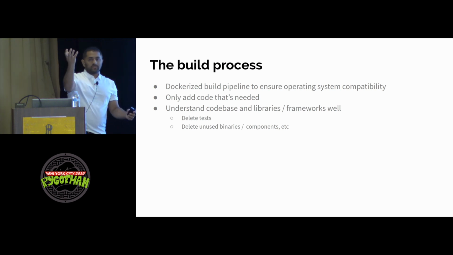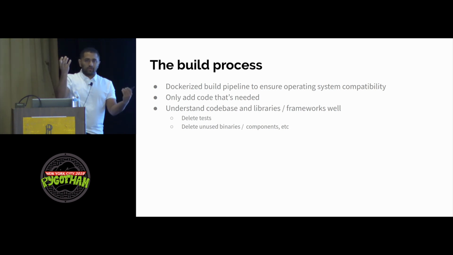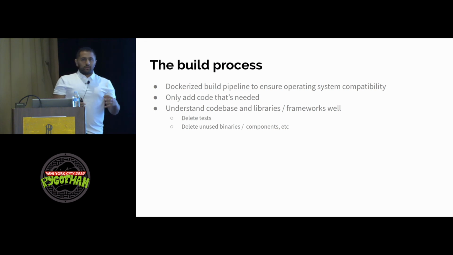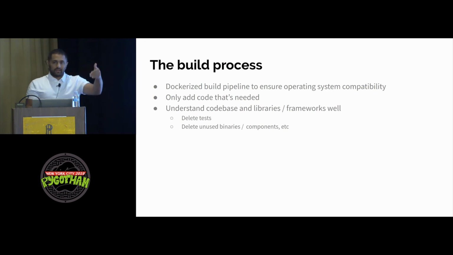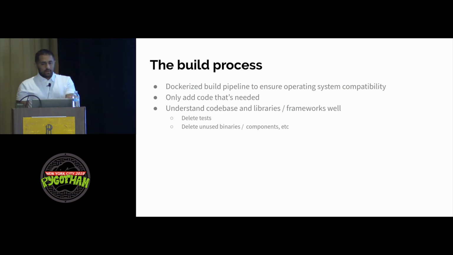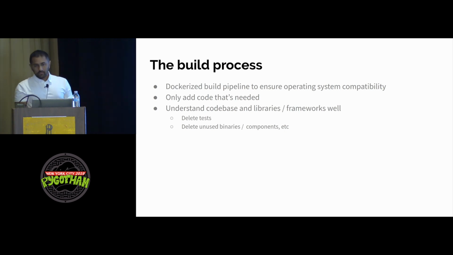Your cloud platform's underlying operating system might not necessarily be the same as your developers' or your build server's operating system, right? So you want to make sure that you're creating a Docker container to simulate that operating environment. Only add code that's needed. Understand the code base and delete tests, which is what we went through.